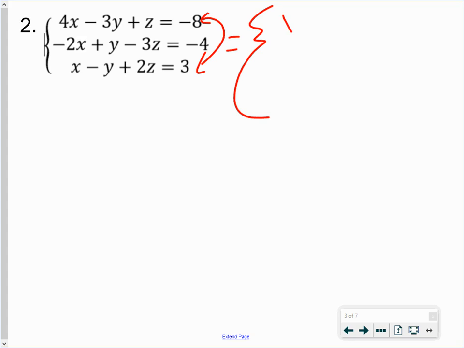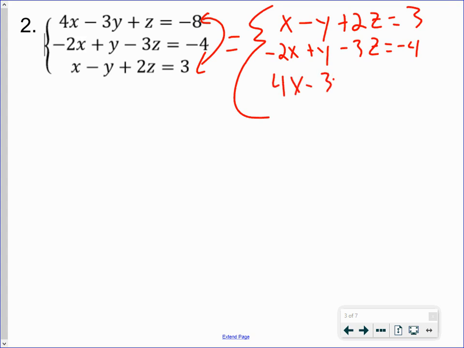So my first equation becomes x minus y plus 2z equals 3. My second equation stays the same: negative 2x plus y minus 3z equals -4. And my first equation becomes my last: 4x minus 3y plus z equals -8.